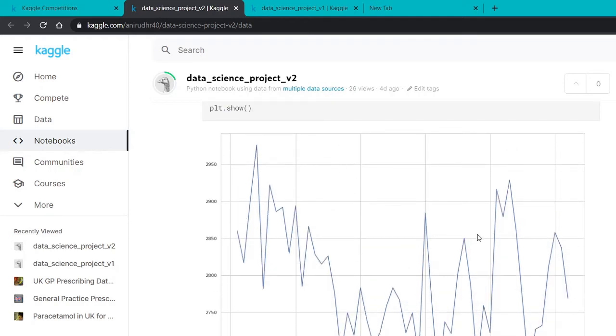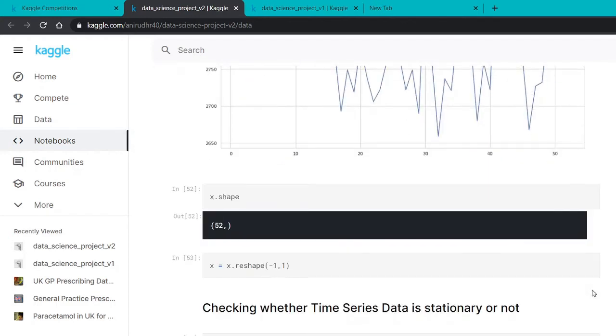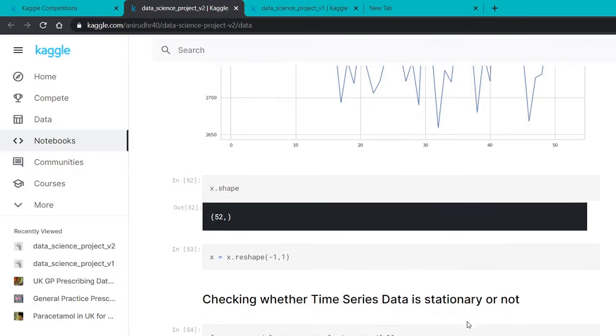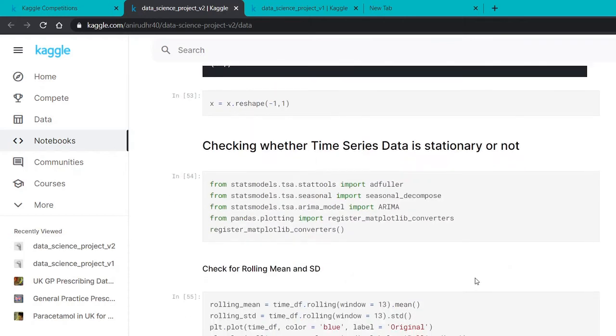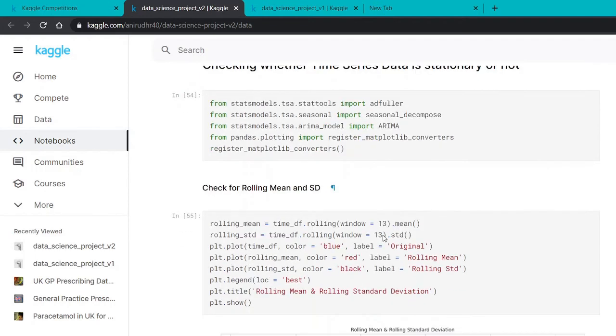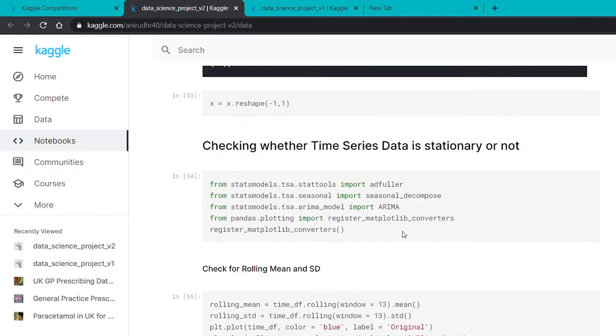Before that, we would like to look at whether the time series data is stationary or not. Stationary means the mean and the standard deviation should not change over time. It should almost be constant. To check whether it is stationary or not, we look into the rolling mean and rolling standard deviation.